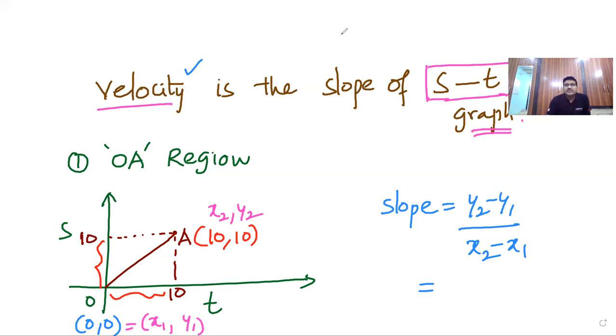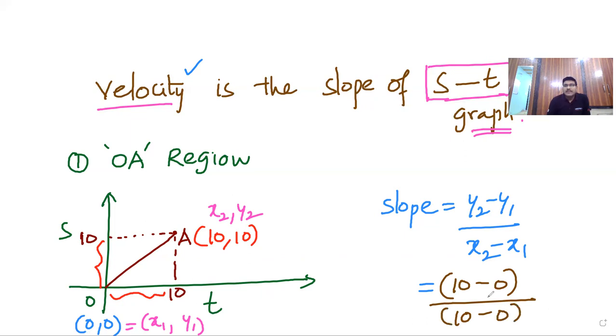If I substitute these values, y2 is 10 minus y1, 0, by x2, 10, minus x1, 0.